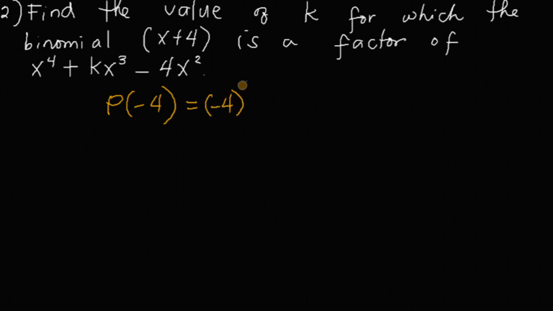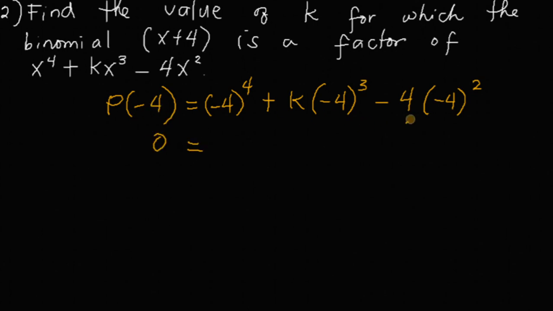Negative 4 raised to 4, then plus k times negative 4 raised to 3, minus 4 times negative 4 raised to 2. Since x plus 4 is a factor, this means this is equal to 0. Equate natin siya by 0.